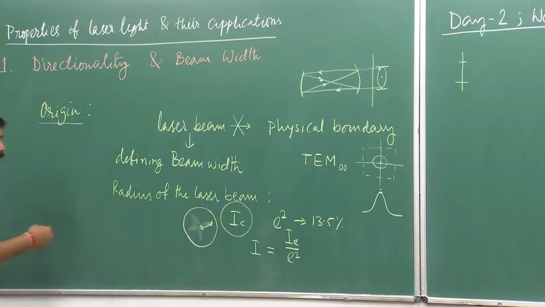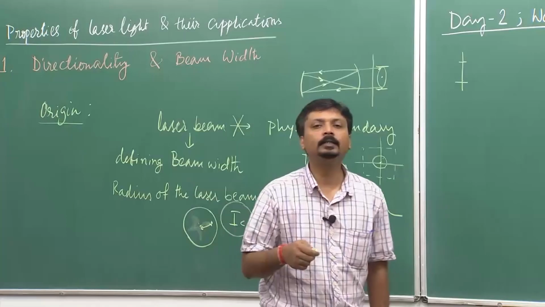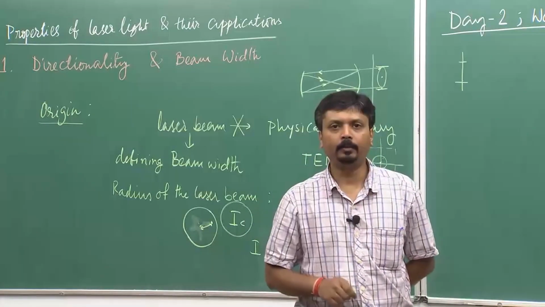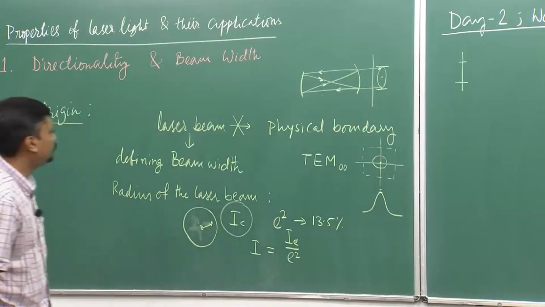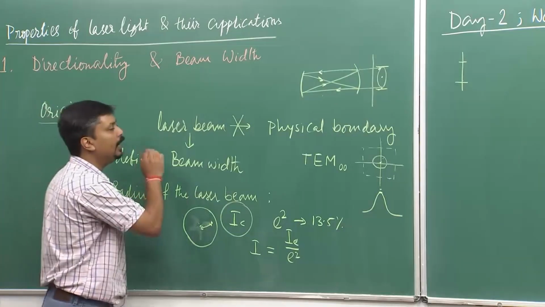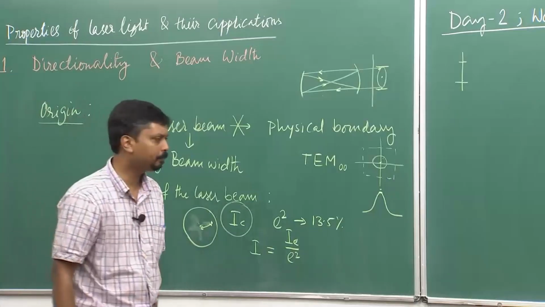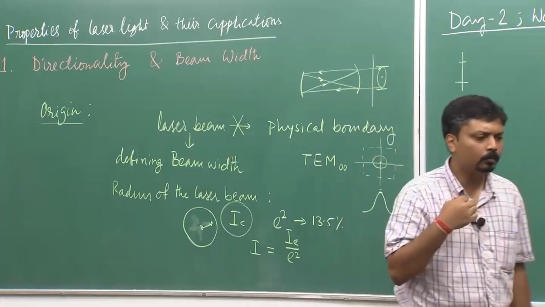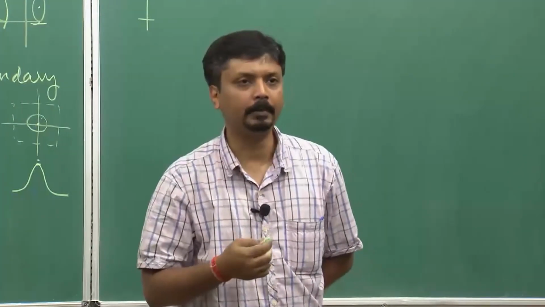Now, in typical numbers, lasers can have a beam width of a millimeter to a centimeter. Okay. So, knowing that this laser has a beam width and laser has a directionality, we can also look into the divergence of the laser beam.